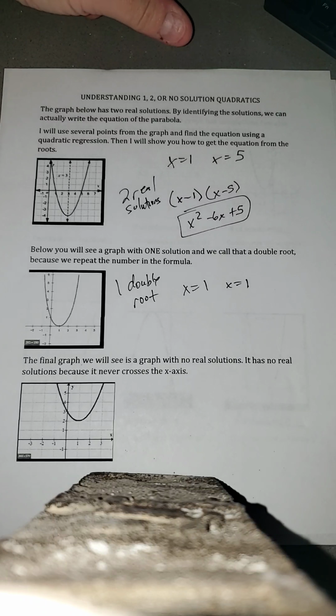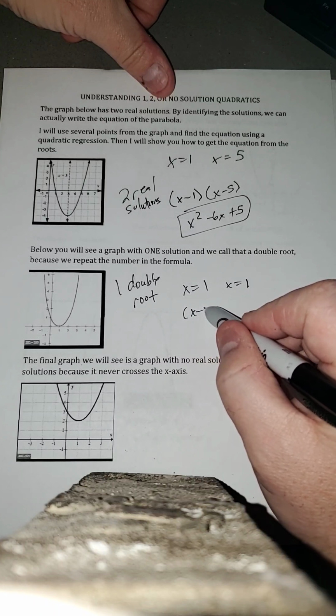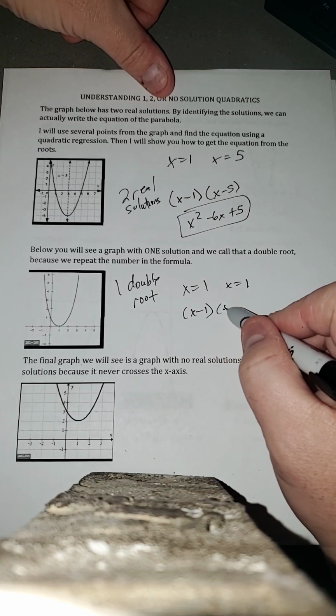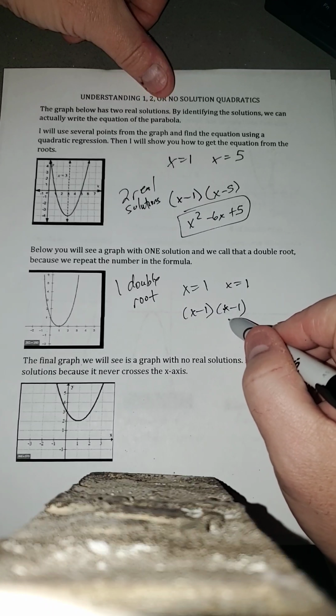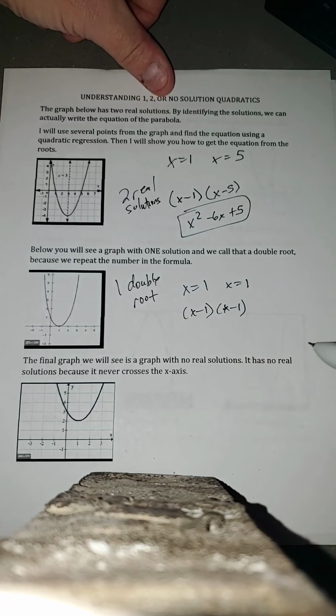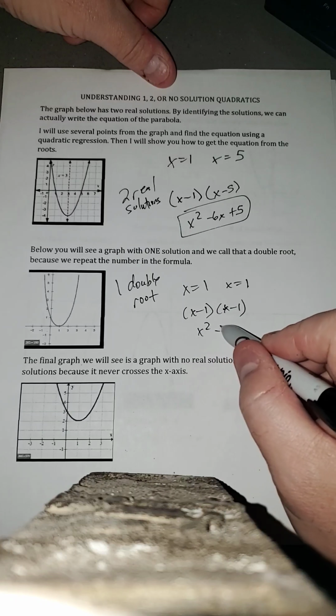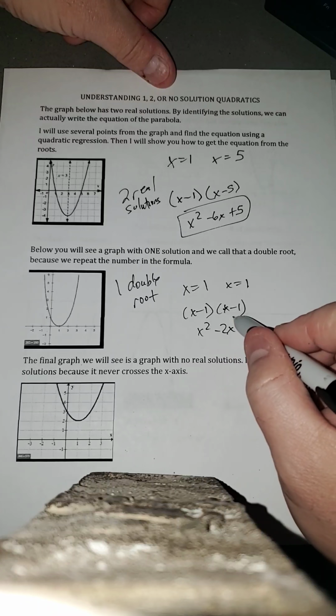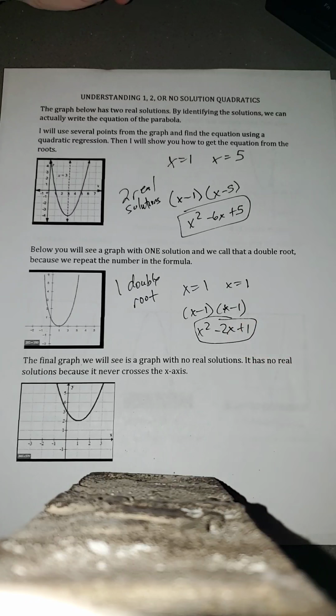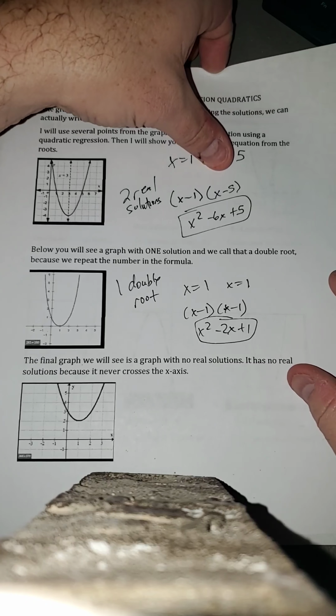We just doubled the root. So we can put the negative 1 with the x in here, and the negative 1 with an x in here. And following the FOIL you got recently from me, you would wind up with x squared minus 2x plus 1. And there's the equation of the graph.